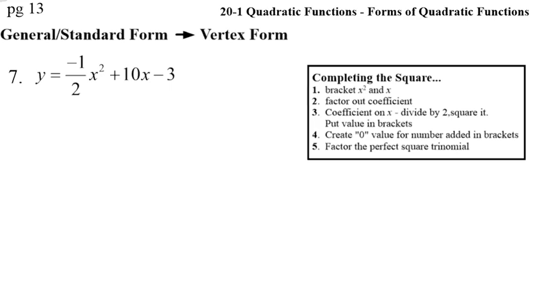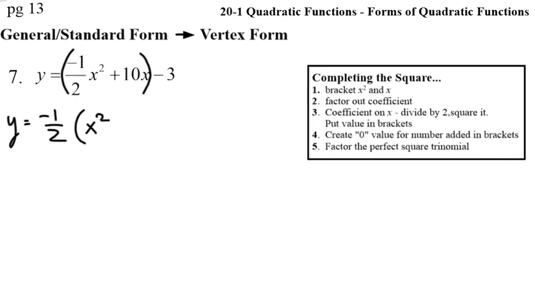Here we go, last example. General, standard form to vertex form. Give it a try with the fractions, and then we can do it together. One more time. X squared and x. Factor out a -1/2. Leaves us with x squared. Quick calculation.